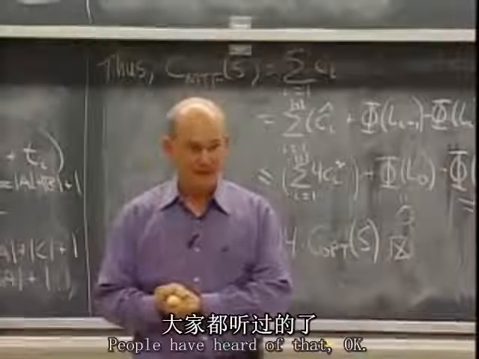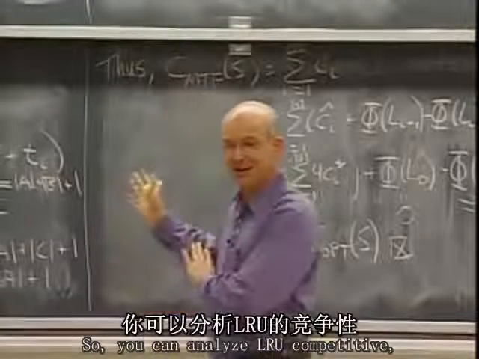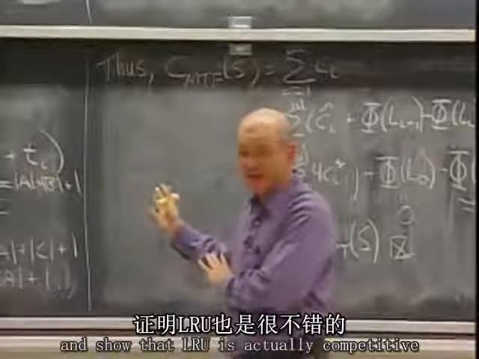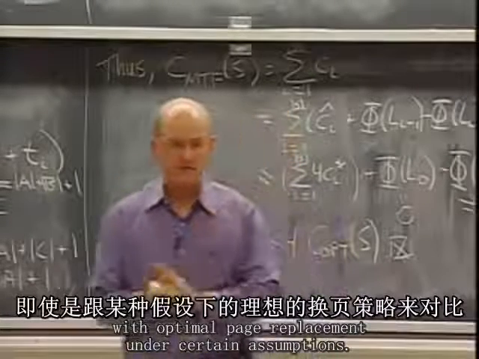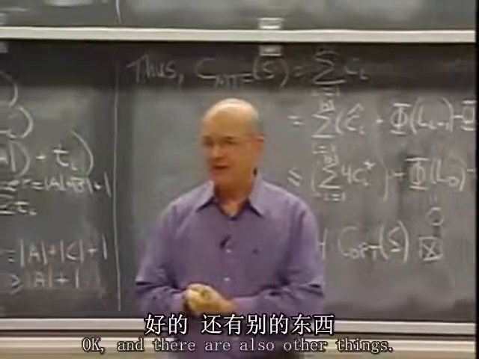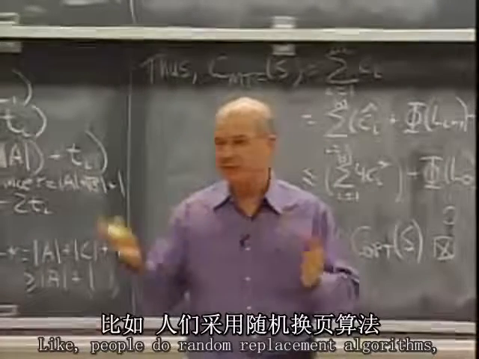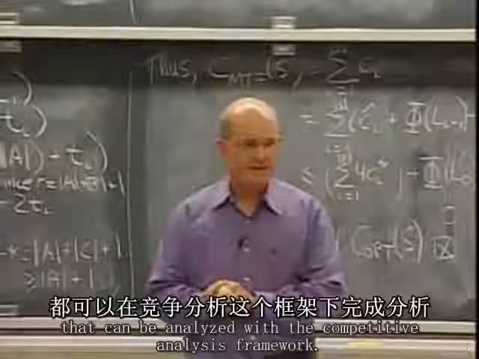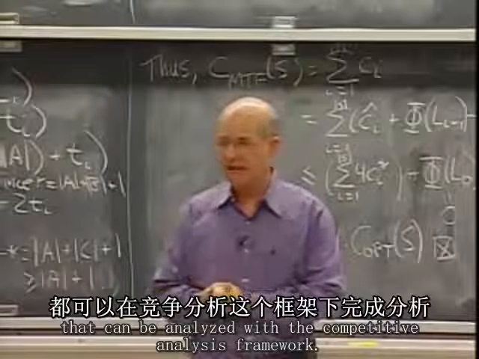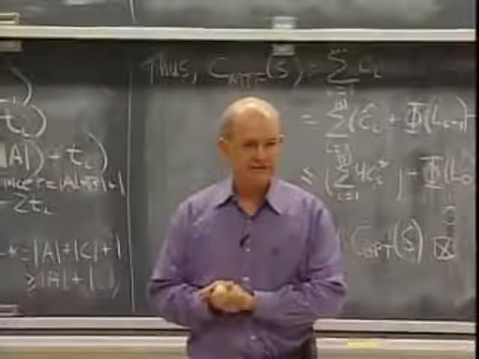People have heard of that. You can analyze LRU and show that LRU is actually competitive with optimal page replacement under certain assumptions. There are also random replacement algorithms, and a whole bunch of other things that can be analyzed with a competitive analysis framework. So it's very cool stuff.